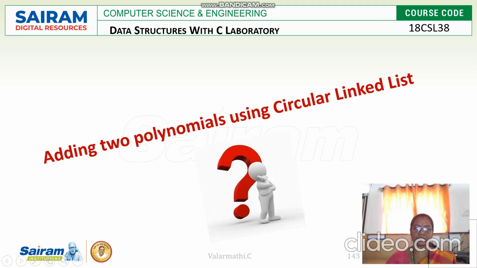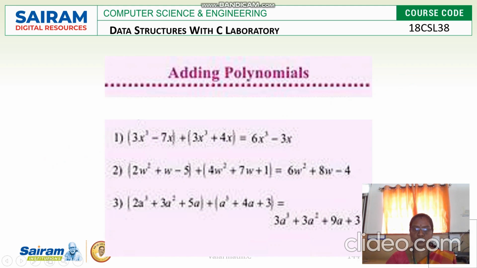To add them, first we must know the theoretical meaning of the addition of two polynomials. Here are some mathematical examples. The first example is 3x cube minus 7x added with 3x cube plus 4x. How can we add? We must look at the coefficient values of the cube terms.